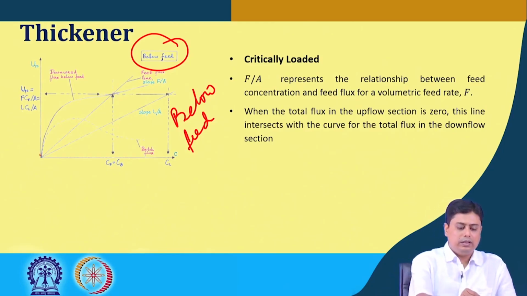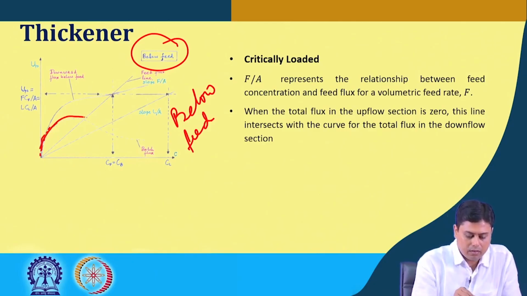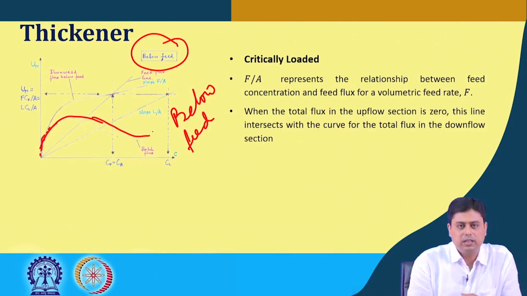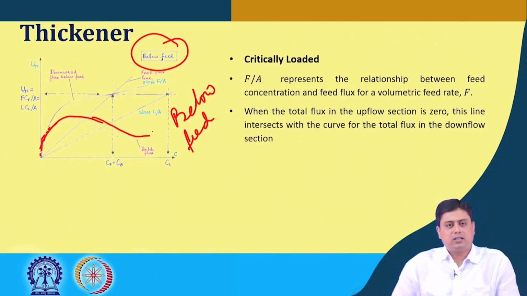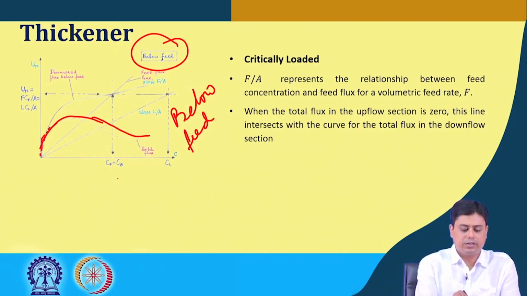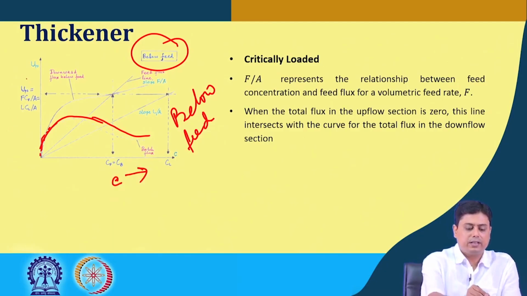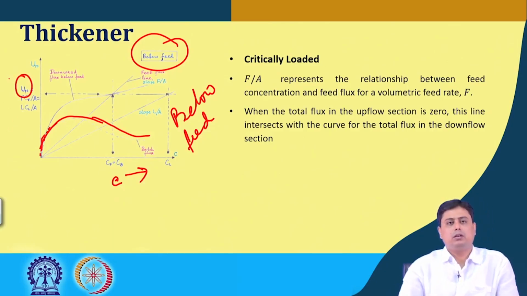Say this is the batch flux data. This is the concentration in the x direction, and in the y direction we have the volumetric flux.